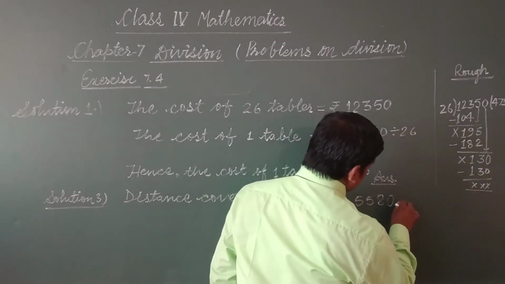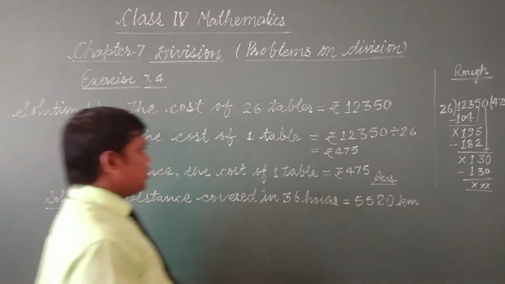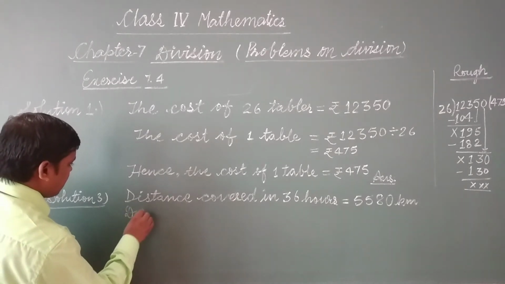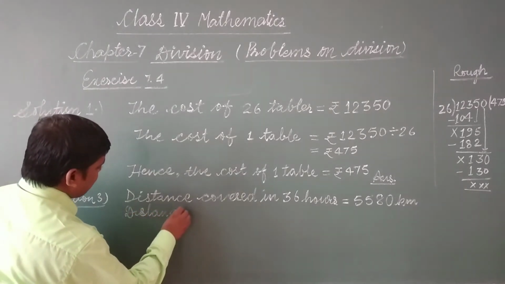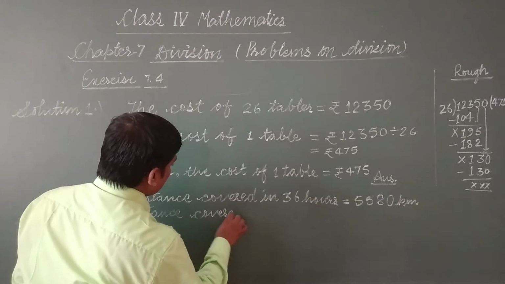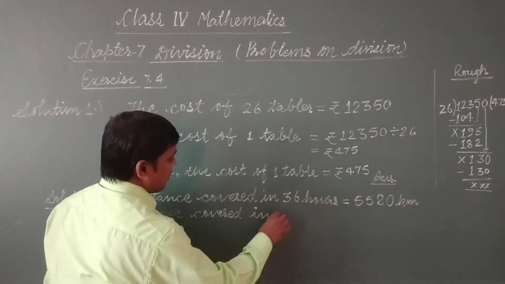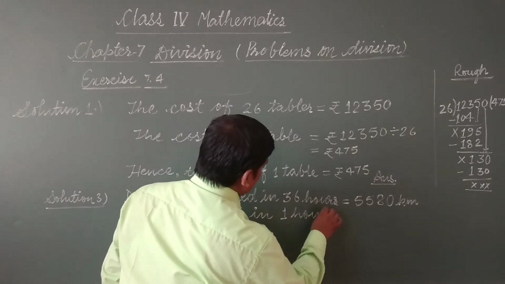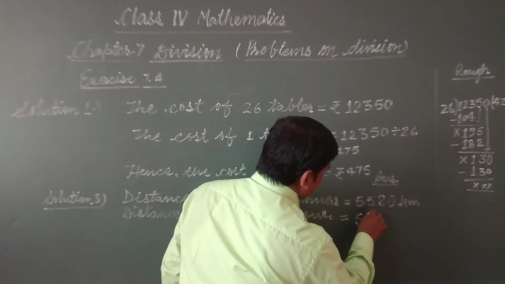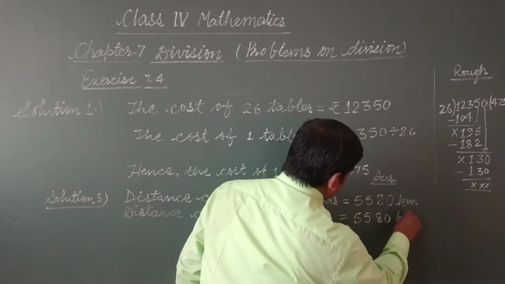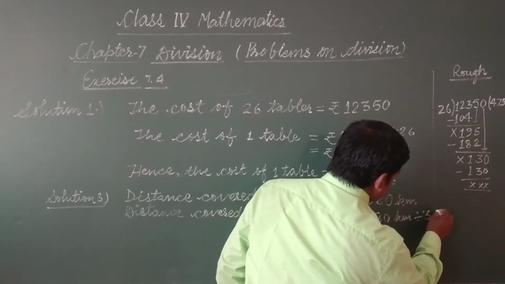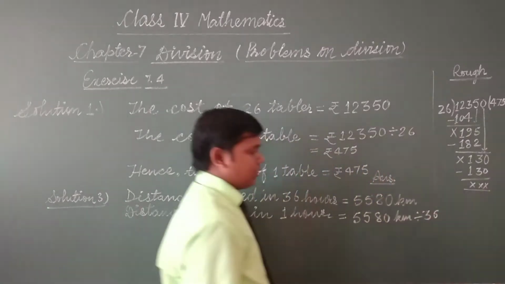So distance covered in 1 hour is equal to 5,580 kilometers divided by 36 hours.